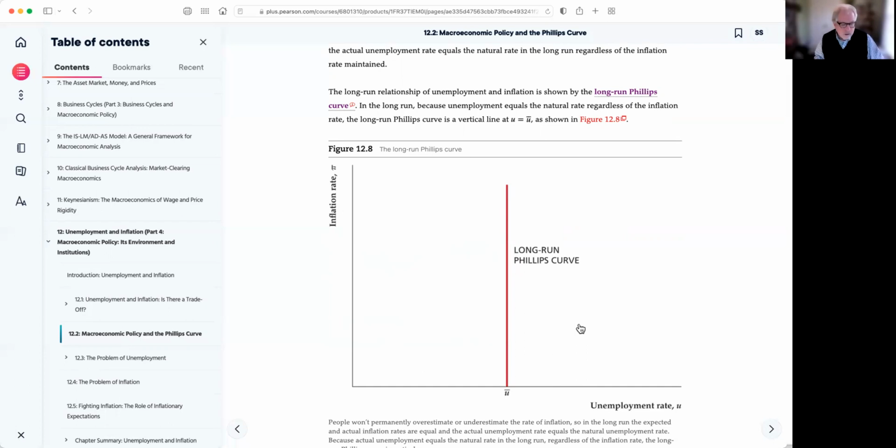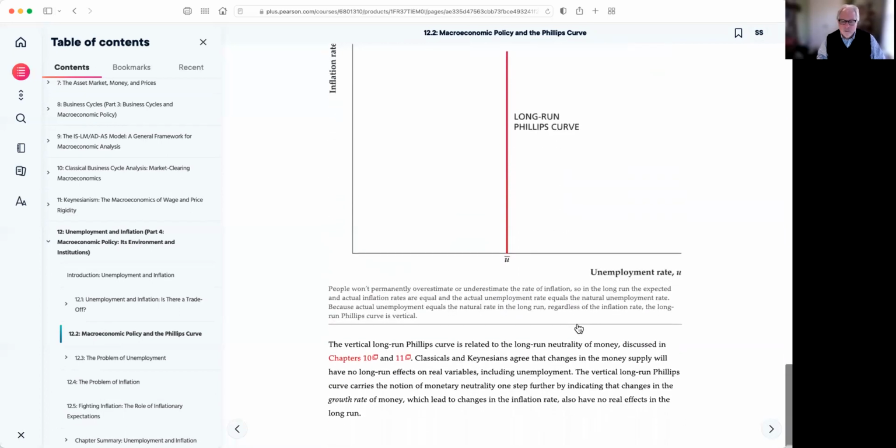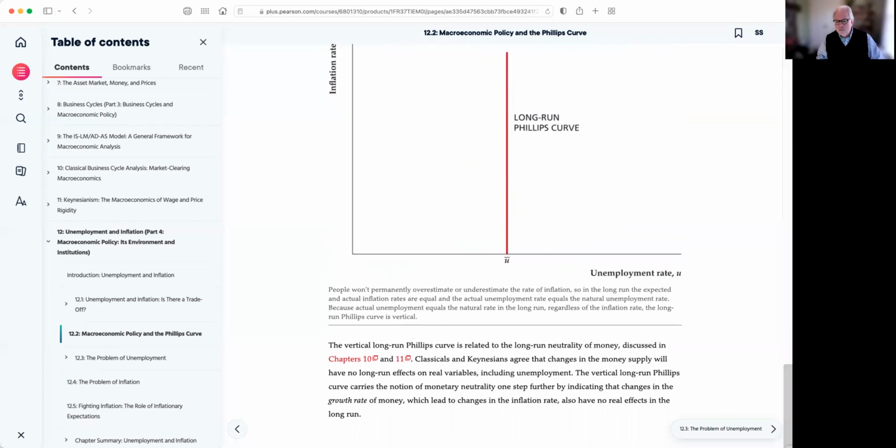So the question is, should you try and exploit that short-run trade-off if you're a policymaker to try and affect the economy overall through macroeconomic policy? So that's really what that section is about.